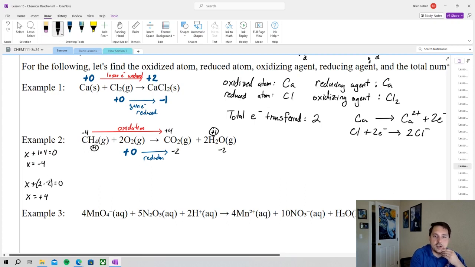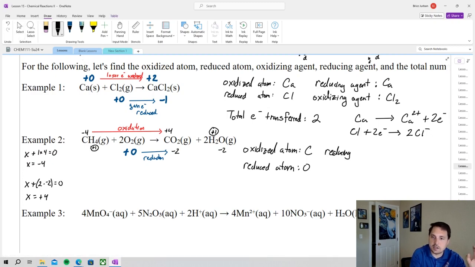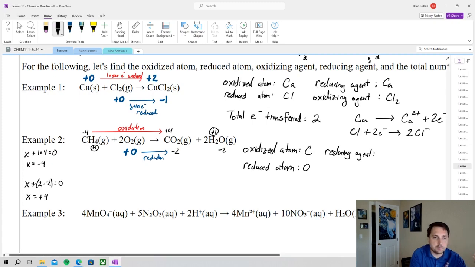So when I look at this reaction overall, the oxidized atom is the carbon, and the reduced atom, the one that gains electrons, is the oxygen. The reducing agent is the species that contains the oxidized atom. I think I got it now. It's one of the harder topics for me to explain.